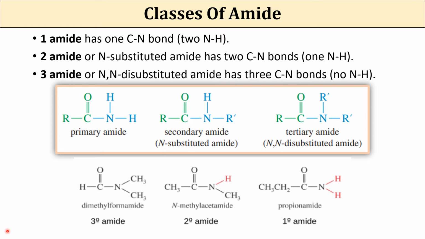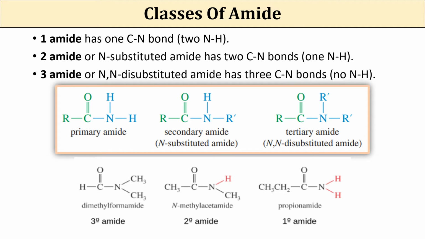Classes of amides. Amides can be divided into three classes: primary, secondary, and tertiary. A first degree or primary amide has one carbon-nitrogen bond and two nitrogen-hydrogen bonds. A second degree or secondary amide, also known as an N-substituted amide, has two carbon-nitrogen bonds and one nitrogen-hydrogen bond.